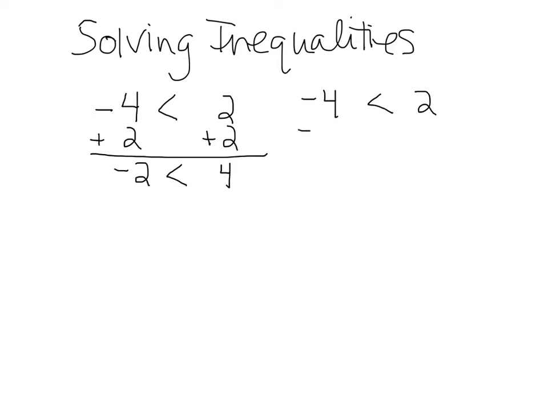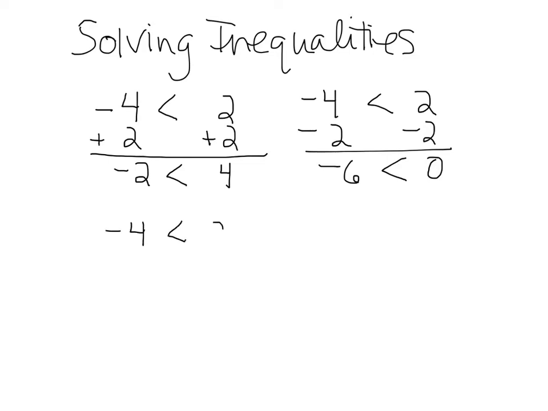If I add a negative number to both sides, it's still true. And since addition and subtraction are really the same thing, subtraction is the same as adding the opposite, I think we've given a good sense of the fact that if I add the same number to both sides, the inequality remains true. Let's now look at multiplying.